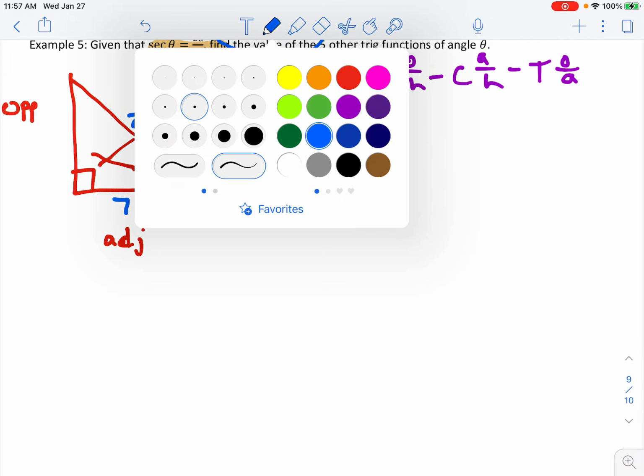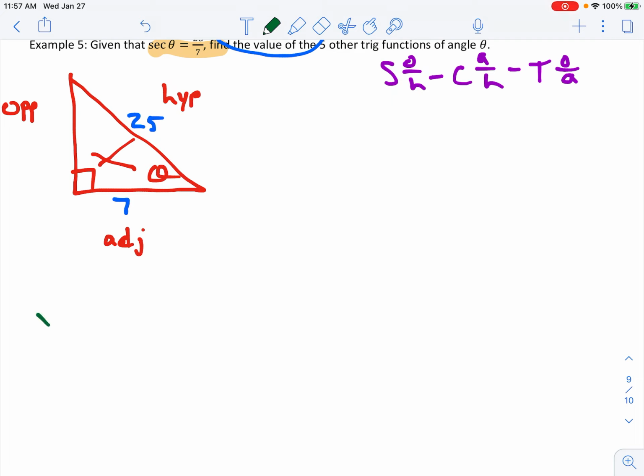Well, we now have to go ahead and do Pythagorean theorem to find the missing piece. 25 is the hypotenuse, so I'm going to do x squared plus 7 squared is equal to 25 squared. Convert those to numbers, I get x squared plus 49 is equal to 625.